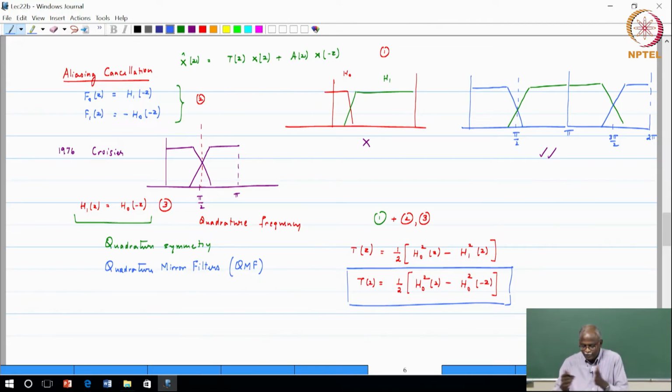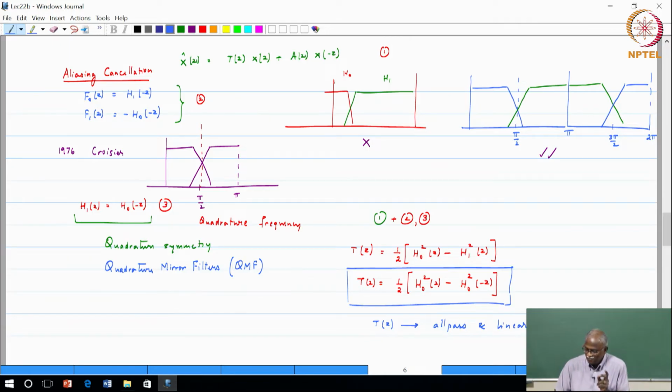Ultimately you have written the entire expression in terms of H naught. Now, what would I like to satisfy? I would like T of z to be equal to a delay, all pass and linear phase, or something close to that.